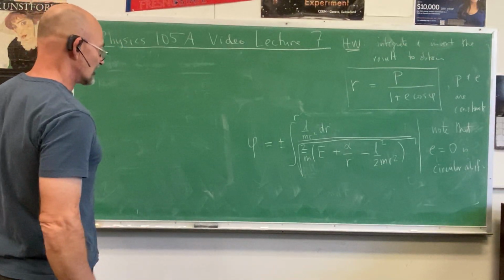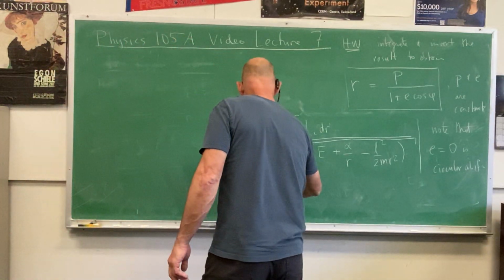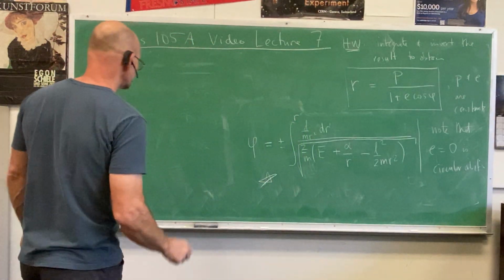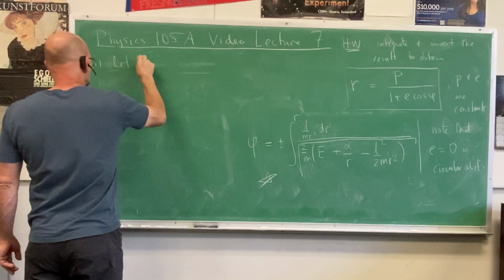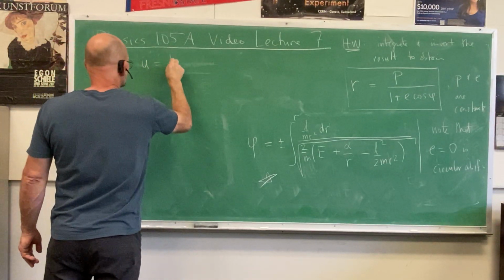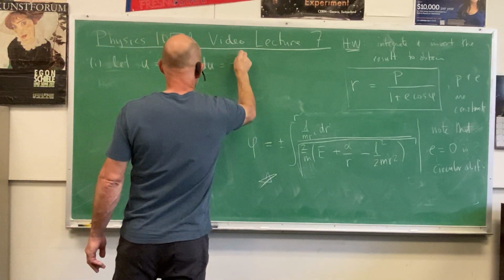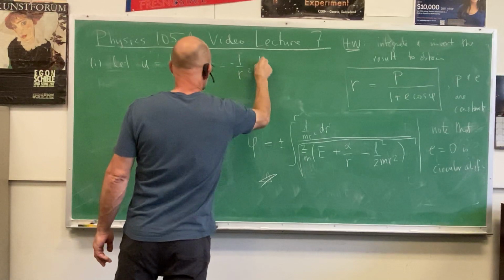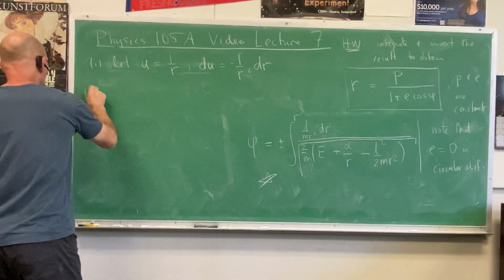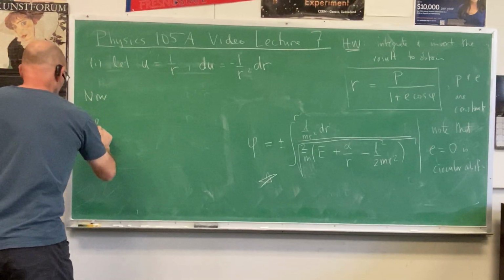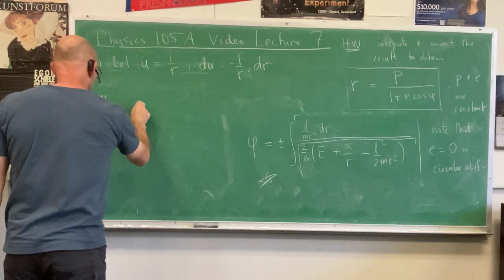Yeah, there are substitutions. So we'll name this thing star as always. And the first step is let u equal 1 divided by r. Then we'll have du is equal to -1 over r squared dr. And when we go into this integral, we get now phi is equal to, we'll still have plus minus.